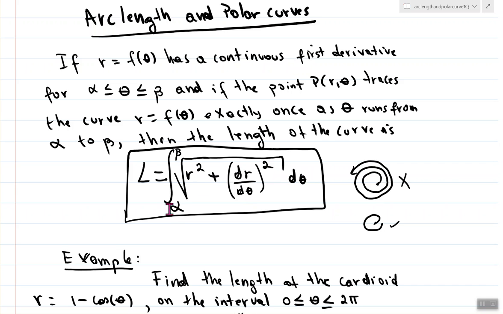So we integrate with respect to theta, from alpha to beta. R squared is from the equation r equals f of theta. Dr d theta means you take the derivative of r and then square it.